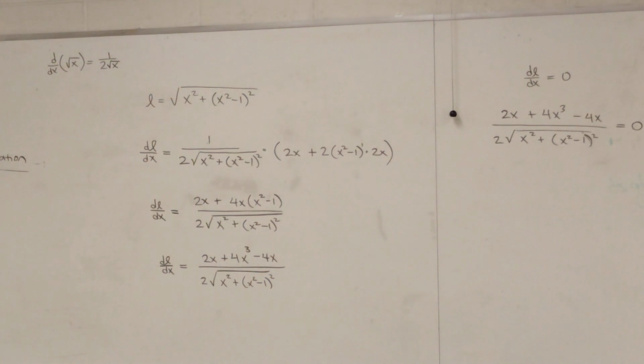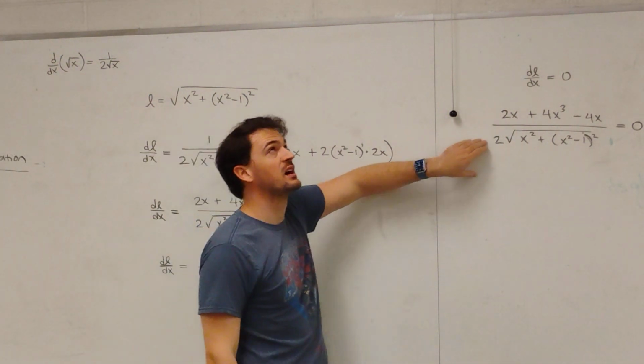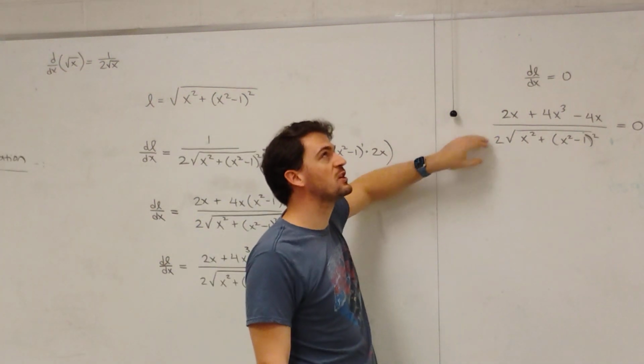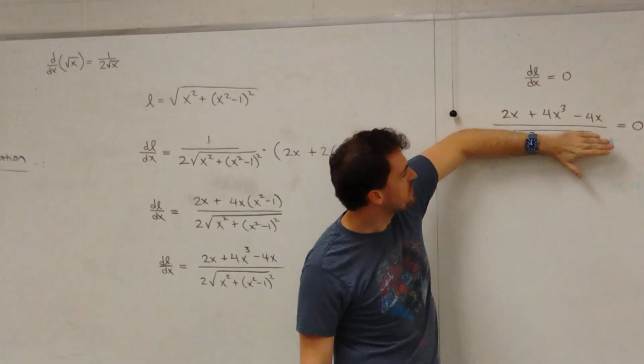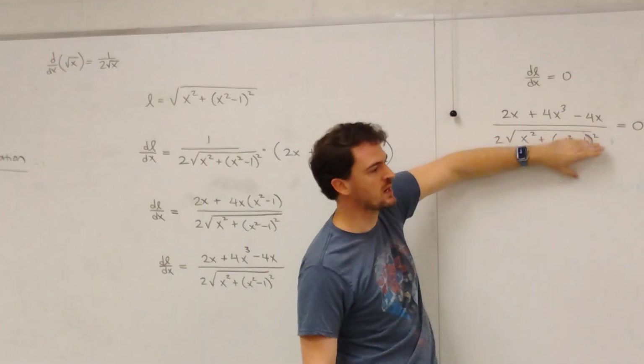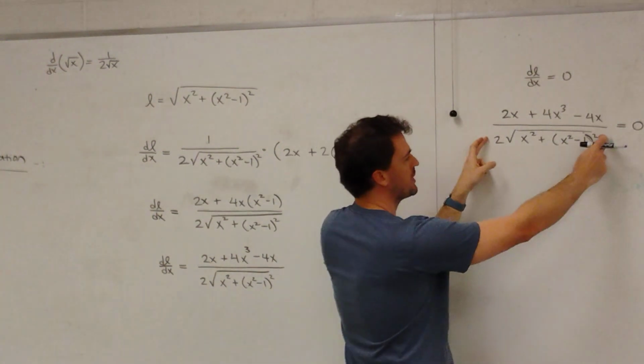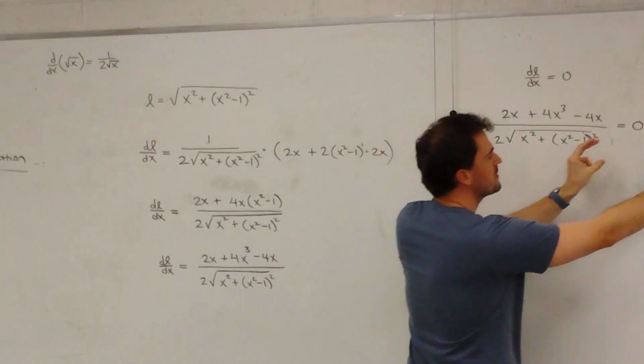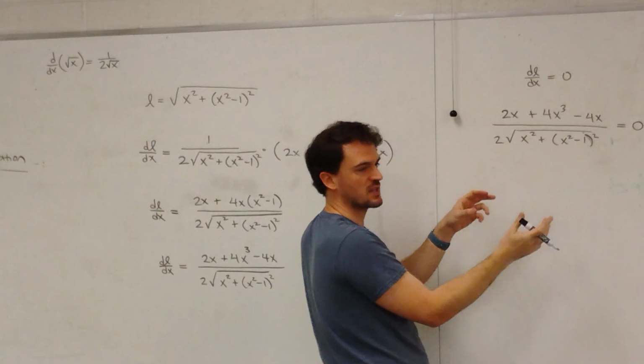Two schools of thought here. You could either say, okay, I know a fraction equals 0 whenever the numerator equals 0. So you could just set the numerator equal to 0. You could think of it as, well, what if I multiply the entire bottom to the other side? Then anything times 0 is 0.